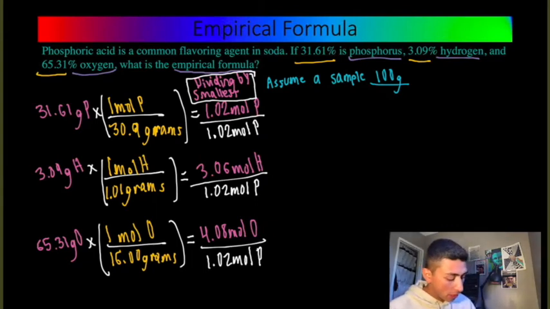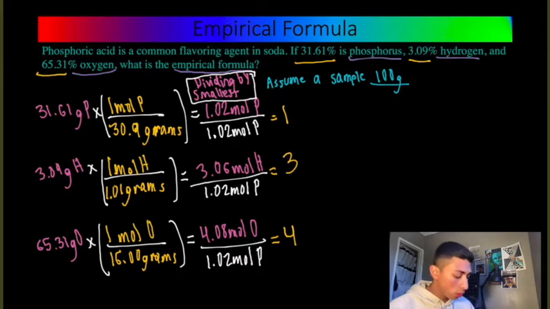Now, the next step is to divide each of these, and you should be getting this equals 1. This equals 2. And this equals 4. Sorry, let me fix this. This actually equals 3.